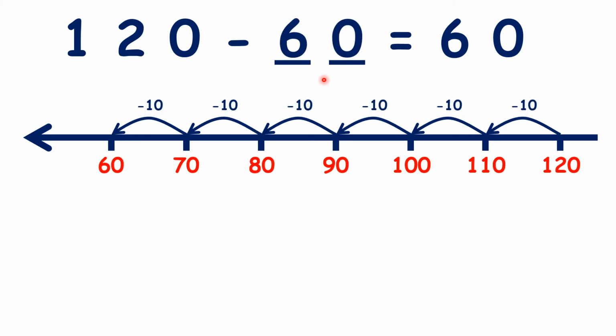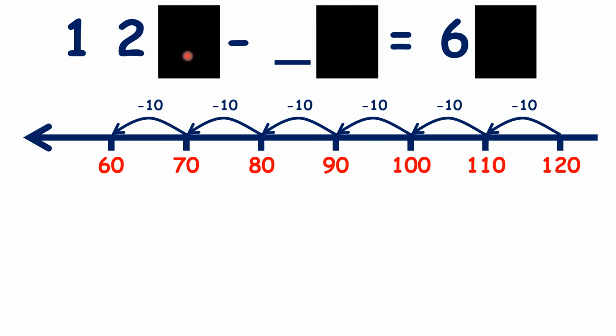But without using a number line, we might still be able to answer this question, because both of the numbers we have in the question are multiples of 10. So if we ignore our units, we have 12 minus something is 6. Now you can easily work out that 12 minus 6 is 6.